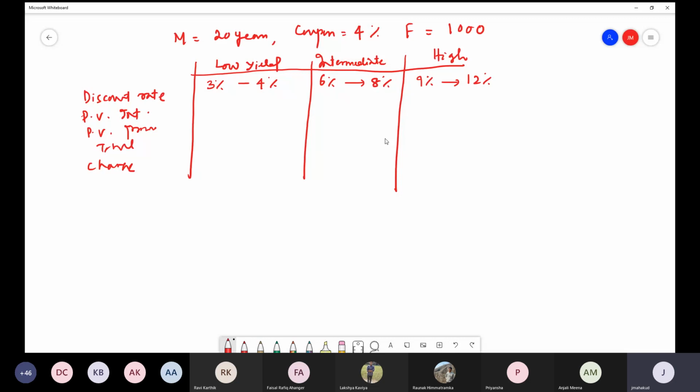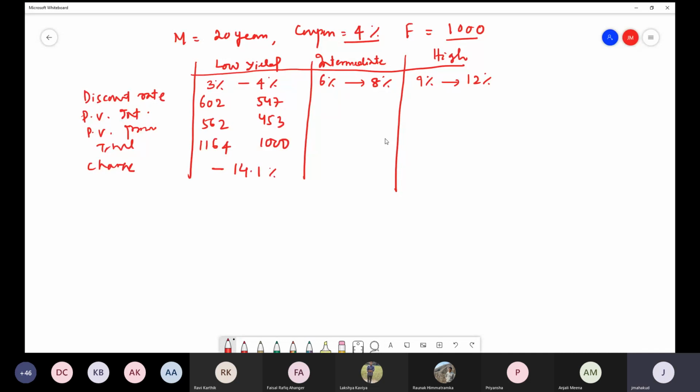In the case of 3%, it will come to 602, then 562, and the total will become 1164. This is because the coupon is equal to your discount rate, so your total value will be equal to 1000. Then this will come to 547, it is 453, and this is 1000. Then your change has become minus 14.1%.